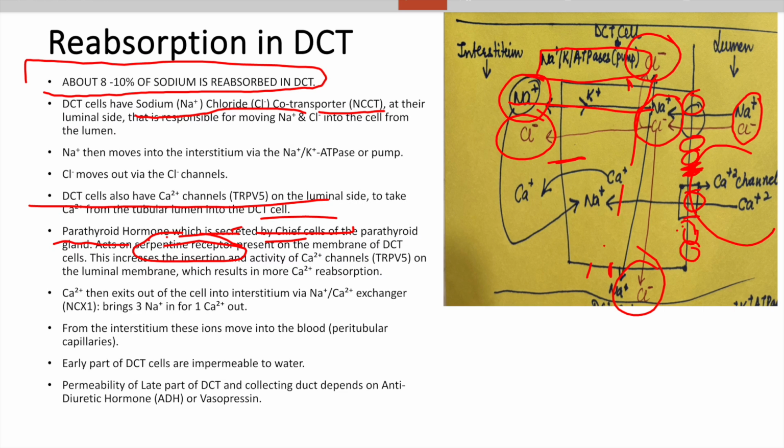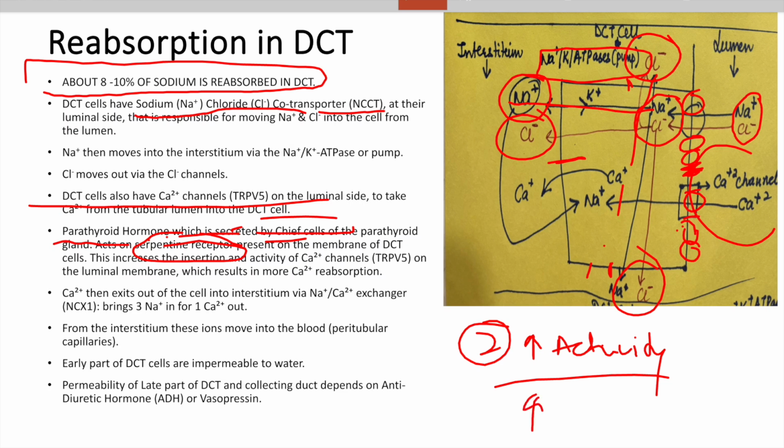Number one, it increases the number of calcium channels. Number two, it increases the activity of these calcium channels. So the end result is that more and more calcium will be transported from the lumen into the cell of the distal convoluted tubule.